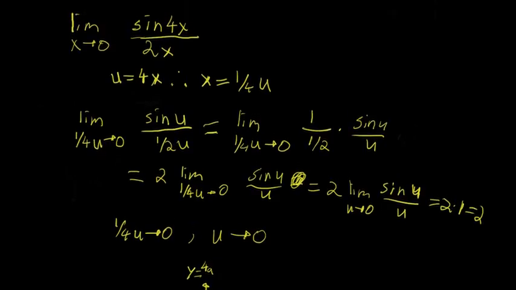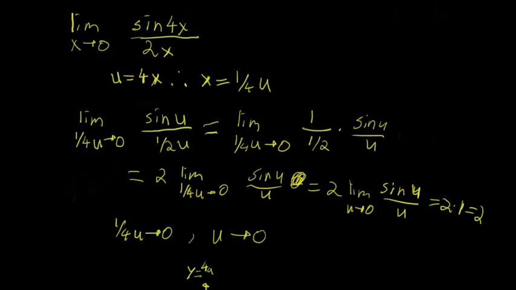Now let's see why we did that. We wanted to turn this sine 4x over 2x into something that looked like sine x over x. And when we see something of this form, we always let u equal the argument of the sine function, and then we manipulate the denominator to make it look like sine u over u.